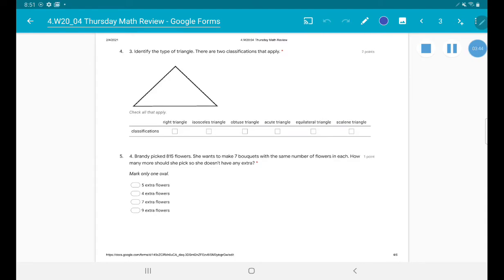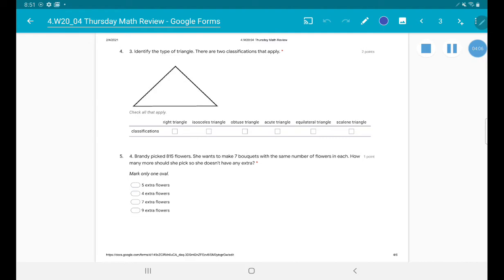Let's look at number 3. Now we've got to look at this triangle to be able to classify the type of triangle. So first we're going to look at the angles.